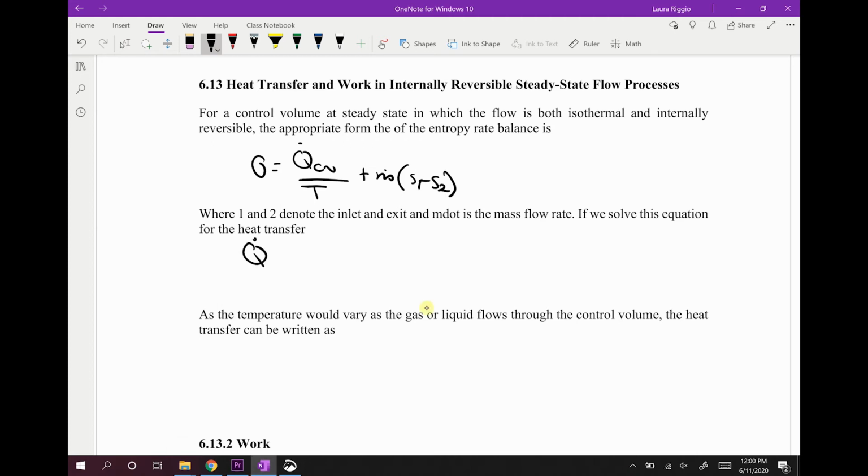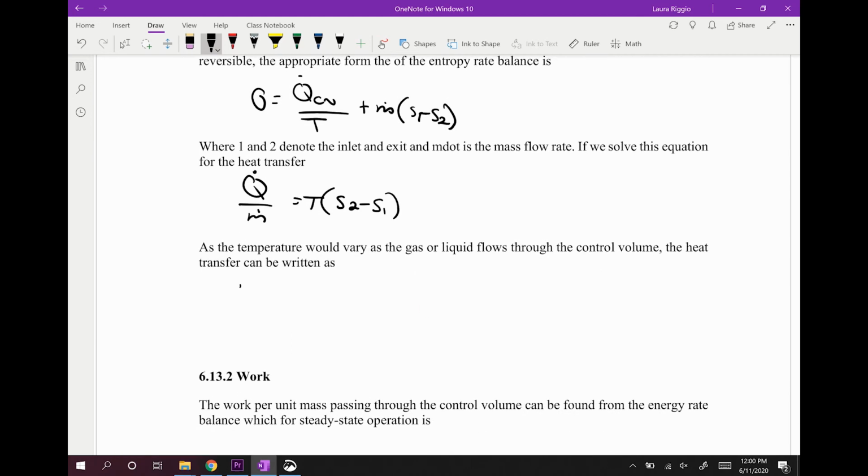So our heat transfer per unit mass is our temperature times our change in specific entropy. As temperature is going to vary as the gas or liquid flows, we're going to get that it's actually equal to the integral of TdS.